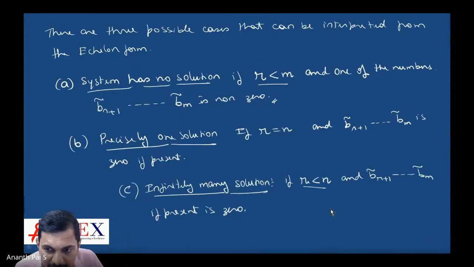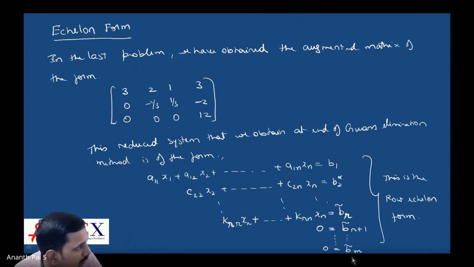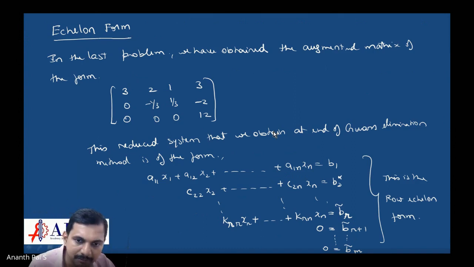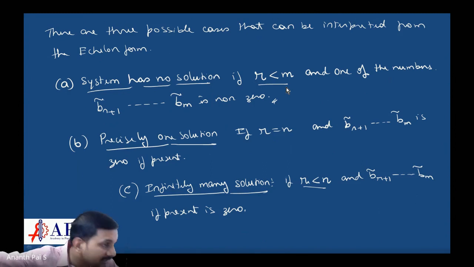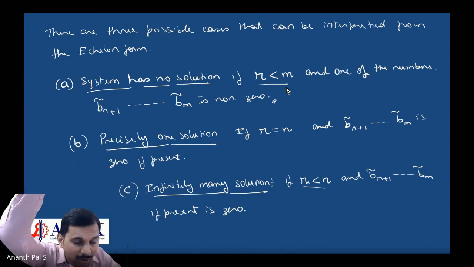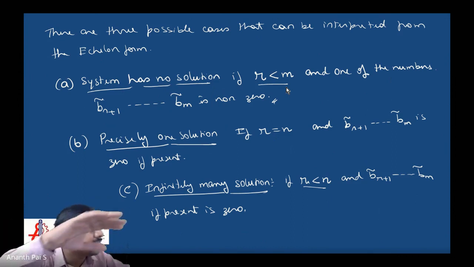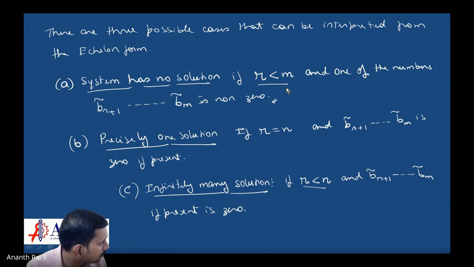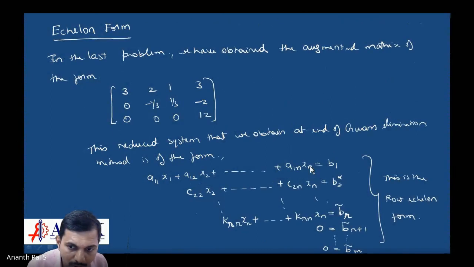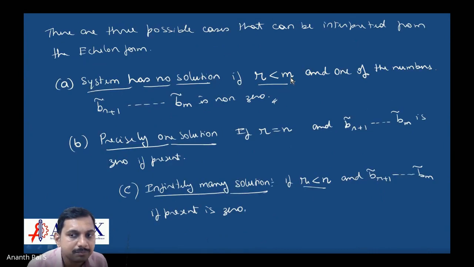At least one thing is non-zero, then it has no solutions. The system has no solution if R is less than M. That is, the number of equations is more than the number of row echelon form equations. When you get into the row echelon form, the R here is less than M.